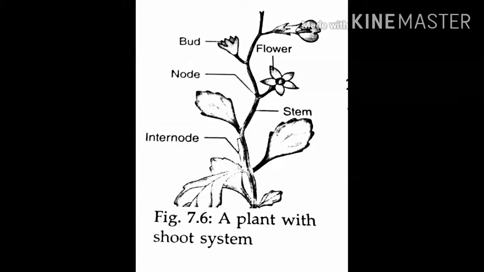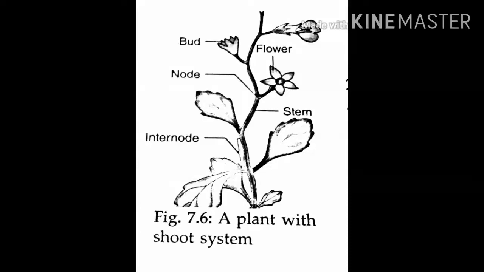Stems support and keep the plant upright. This is the main function of the stem. Next one, to transport water, minerals and food to all parts of the plant.